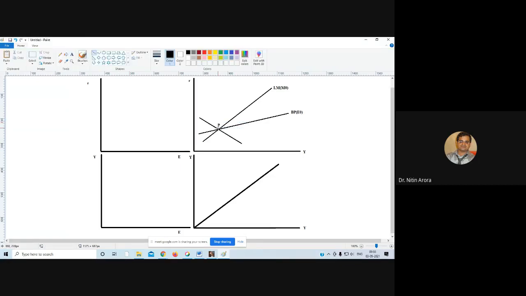This initial equilibrium level of income is Y naught with interest rate R naught, right? And this is the initial level of income, and because this is the exchange rate E naught, the initial exchange rate.